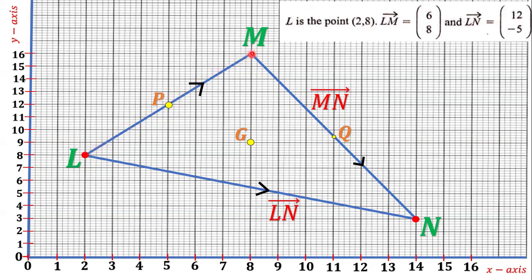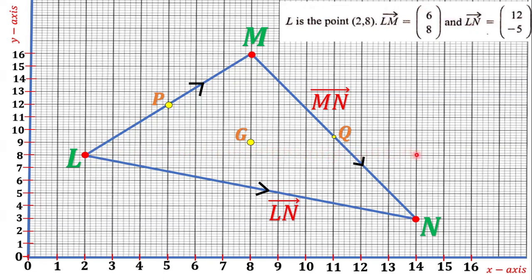Next, we have to do LN. The positive 12 on the x means we move 12 to the right, and the negative 5 means we move 5 downwards. So we start at L and move 12 across to the right: 1, 2, 3, 4, 5, 6, 7, 8, 9, 10, 11, 12.